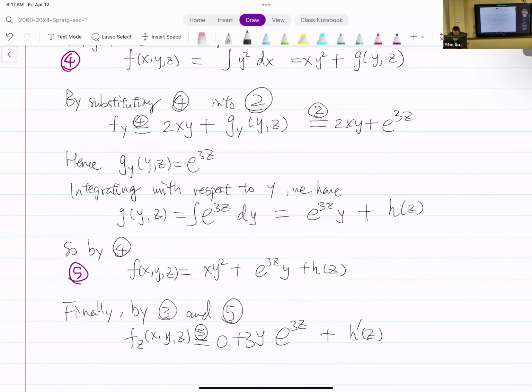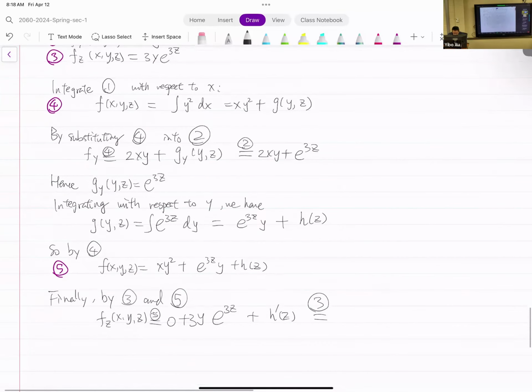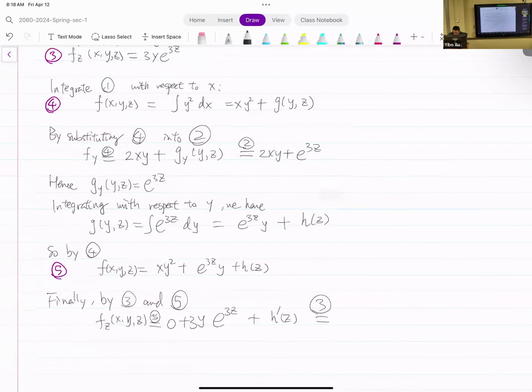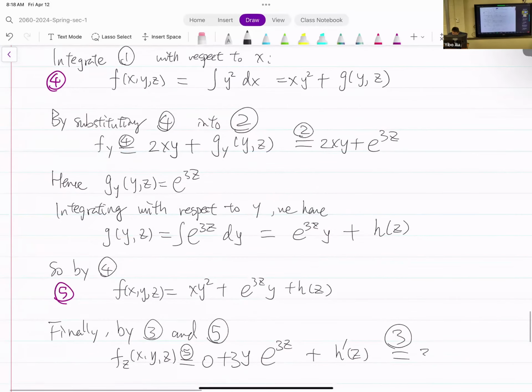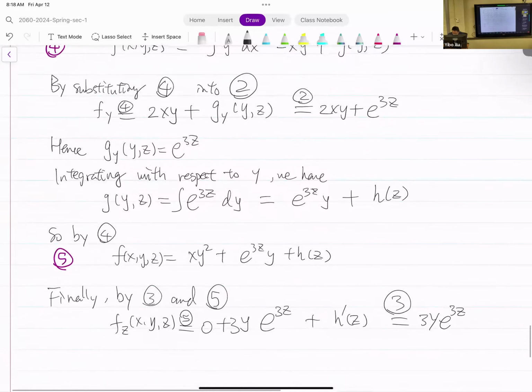And then we match to equation 3. If you go a little bit above, equation 3 tells you the partial derivative in z of function f is 3y e to the 3z. Now we match.